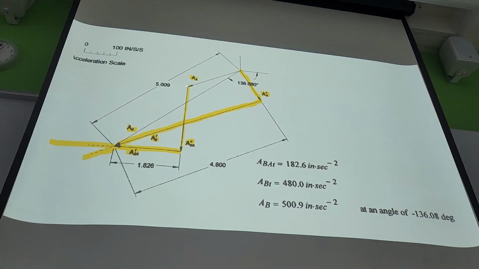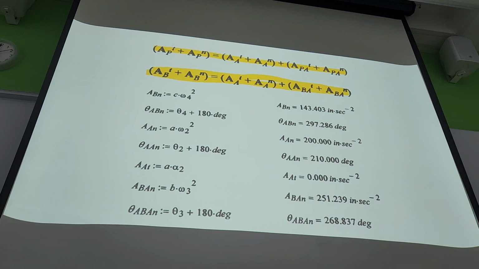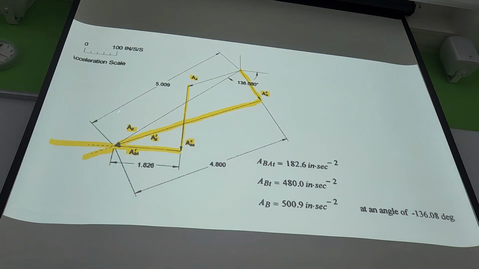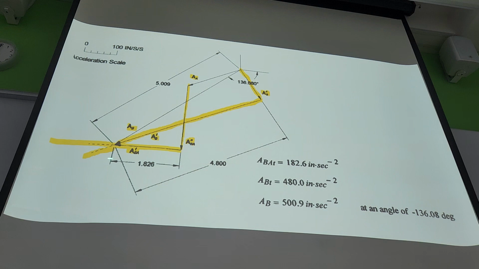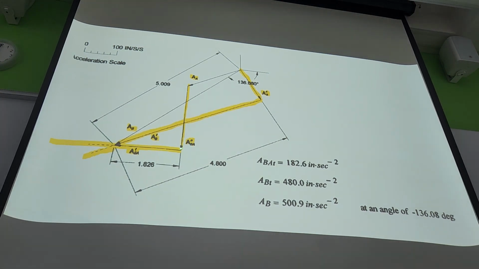Now from the tip of this, you are drawing BA normal. You know BA normal, the magnitude is 251, and the direction is also known. So from the tip of A, you draw BA normal. Now BA tangent will be perpendicular to BA normal, so you just draw a perpendicular line from the tip of BA normal.